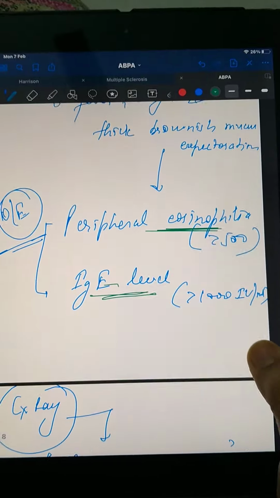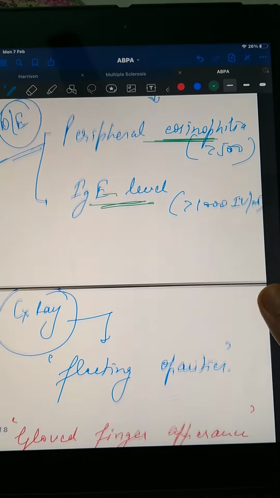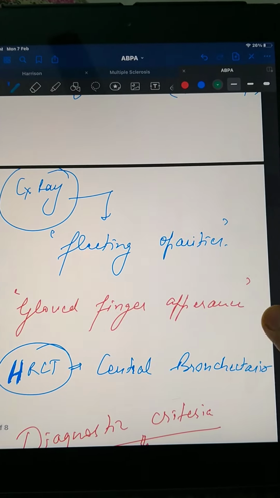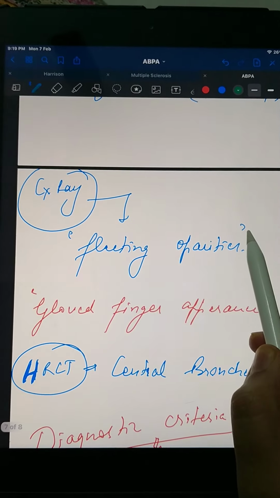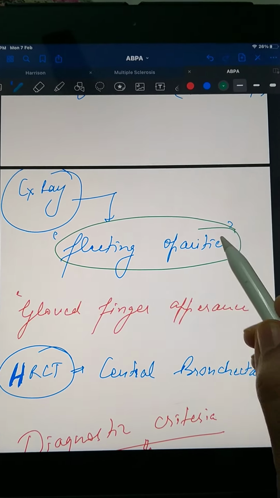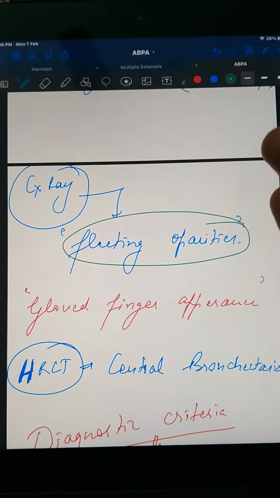When we do the chest X-ray, the patient will have fleeting opacity. So what do you understand by fleeting opacity? Fleeting opacity means migratory in nature.